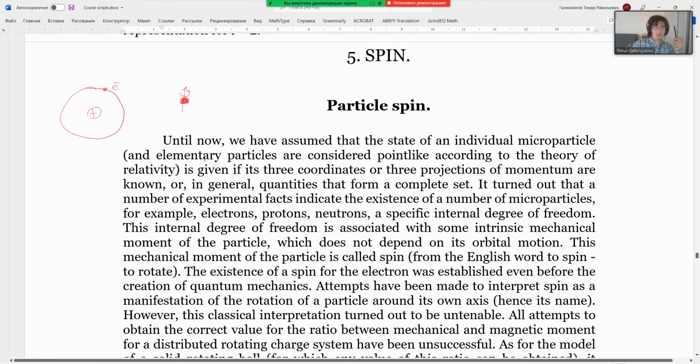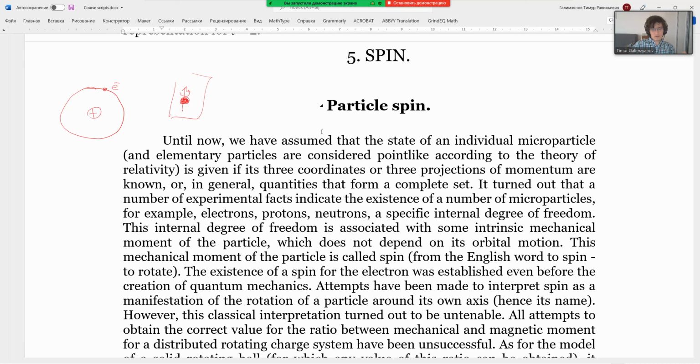Here I want to speak about this kind of angular momentum. So the spin is the angular momentum of the particle which corresponds to the inner rotation of this particle. There is experimental evidence of the spin.